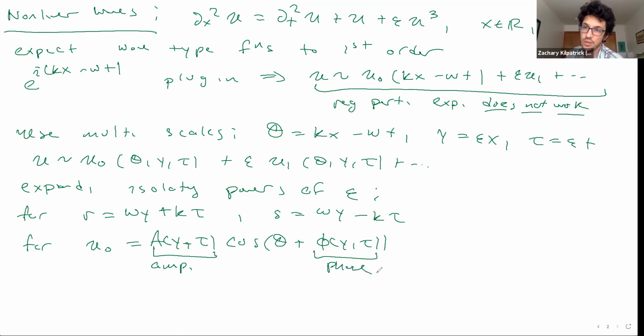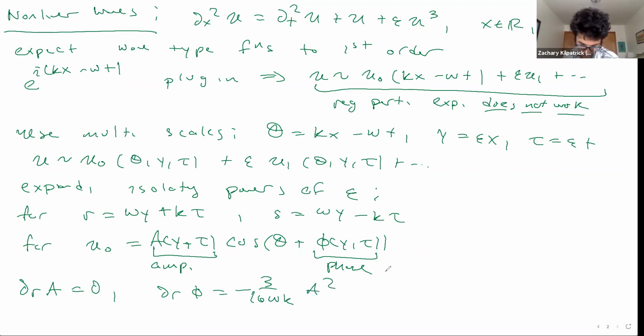In order to remove secular terms, we're going to develop differential equations for this amplitude and this phase function. In general, we find that dA is equal to 0, and dφ is equal to minus 3 over 16 ω K A squared.